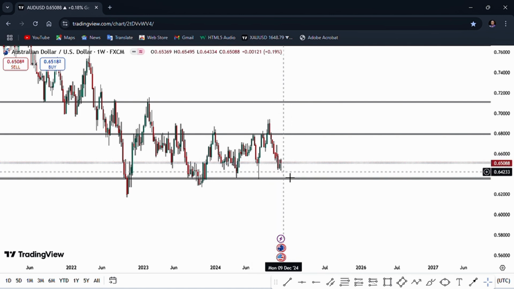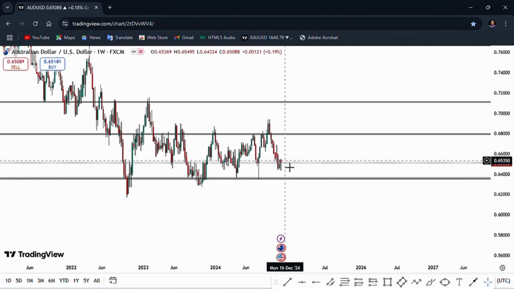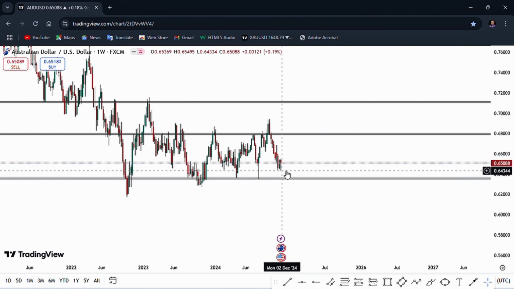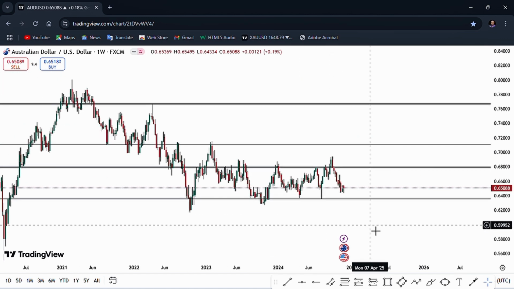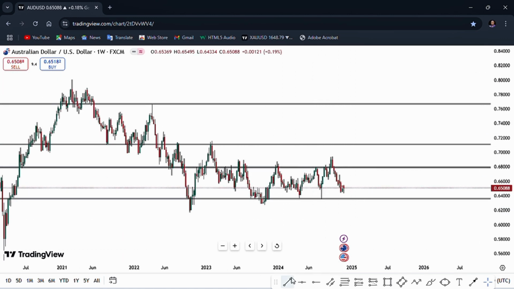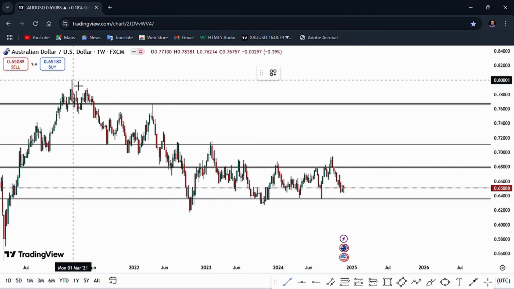Now, it has given us this candle, what we call a hammer. So guys, what does AUD USD want to do?